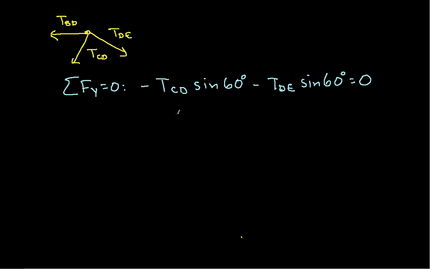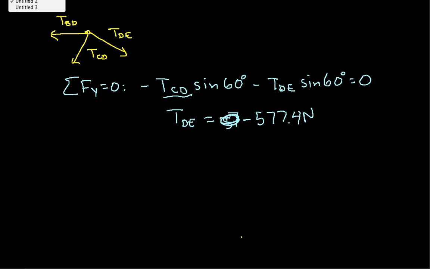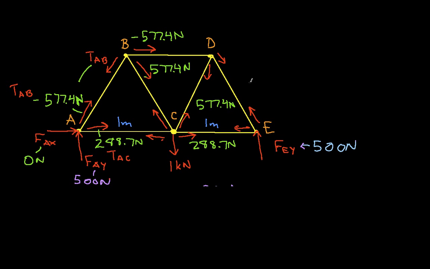And I can solve this then for TDE, because I already know TCD. So TDE is equal to minus 577.4 newtons. Okay, so I'll go back to my free body diagram and write this in. This is minus 577.4 newtons.